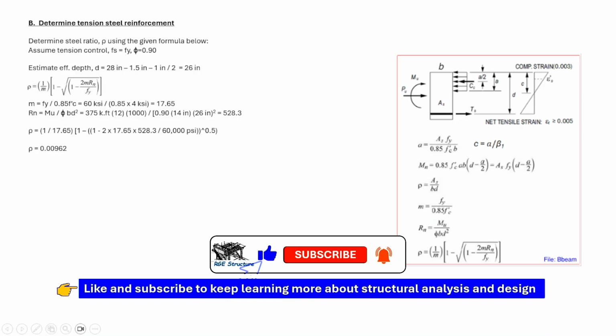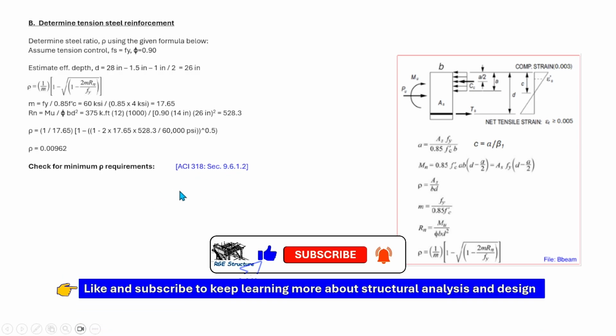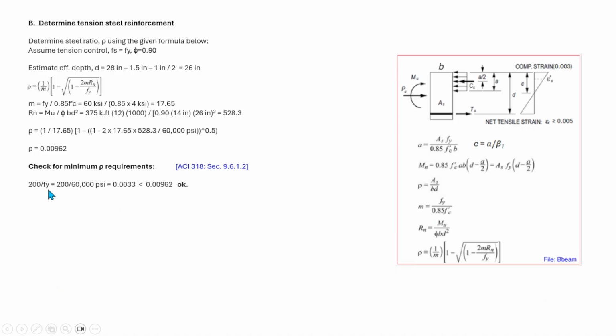So the next one is to check the minimum requirements as per ACI 318 section 9.6.1.2, and that is equal to 200 over Fy. So 200 over 60,000 psi, that is equal to 0.0033.